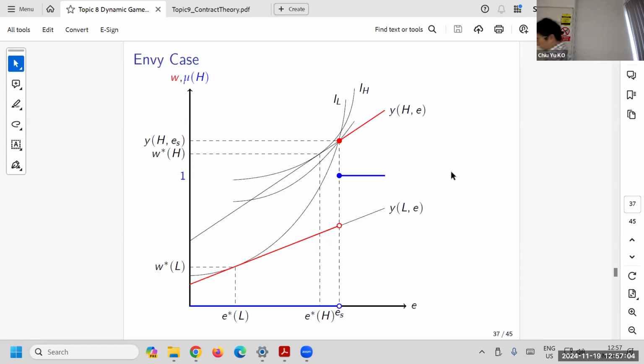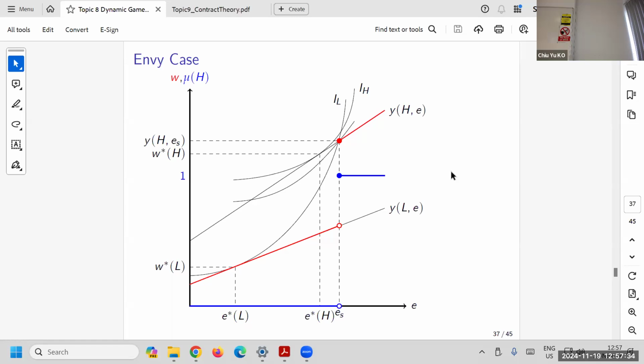You have an increasing productivity that goes up, and jumps up to here and all the way up. And this is the place where the indifference curve cuts directly here. This is the place where the low type doesn't want to mimic. So it's easy to see: by looking at the indifference curve, you can know how to draw it. That's why the indifference curve is very useful. Once you draw it, you know the answer.